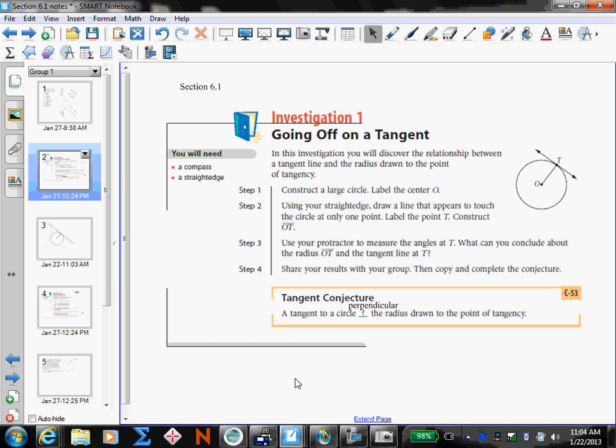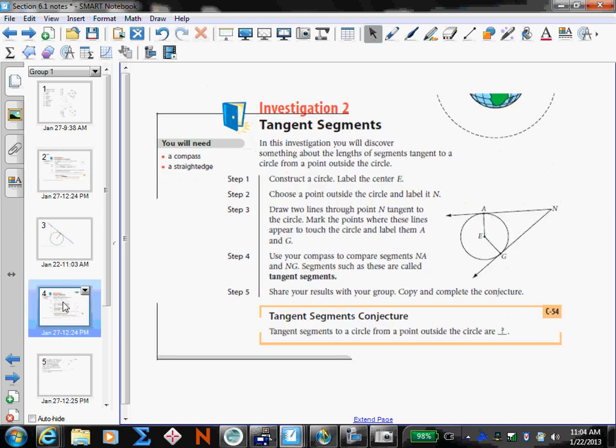So a tangent to the circle is perpendicular to the radius drawn to the point of tangency. Okay, so let's move to the next one, tangent segments.